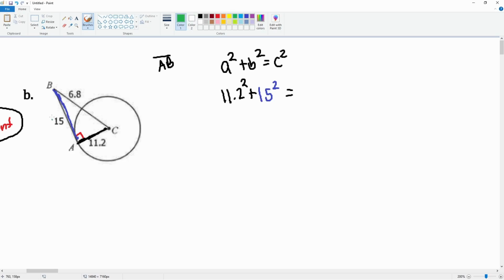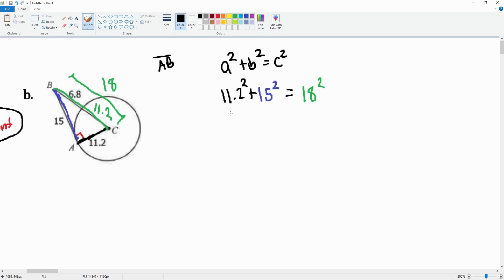The issue is a lot of students get C wrong. C is this entire thing. It's 6.8 plus 11.2 because this is the radius. So the whole thing is 6.8 plus 11.2, which gets you 18. That is the entire hypotenuse. Remember to add that part of the radius. So we can now square it.